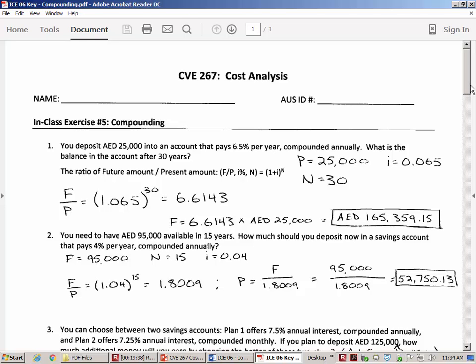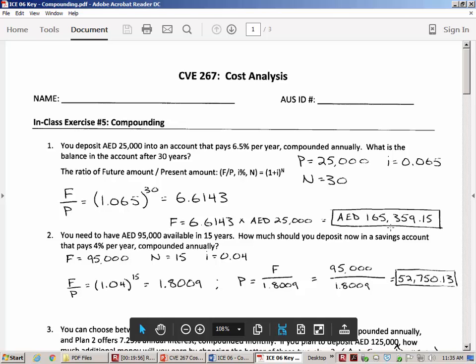So if you know that it grows by a certain factor, then you just multiply it by the original amount and you find the finishing amount, 165,000 dirhams. Okay? That shows the power of compound interest right there, that you're starting with only 25,000 and you have 165,000 at the end of that time period.